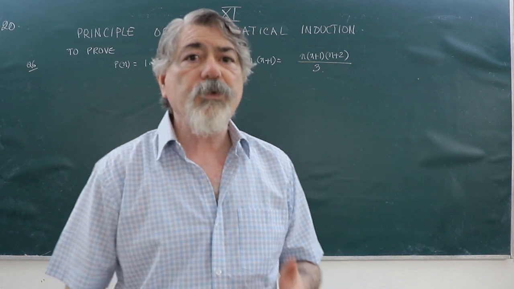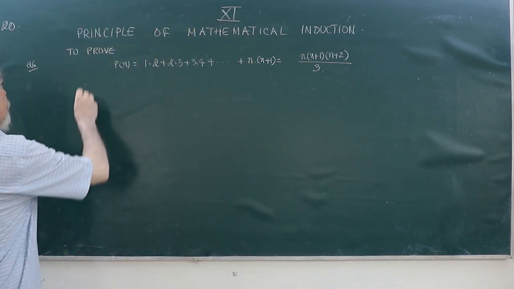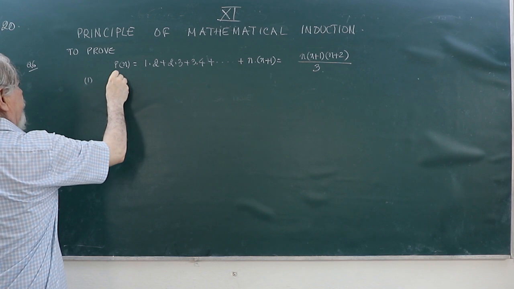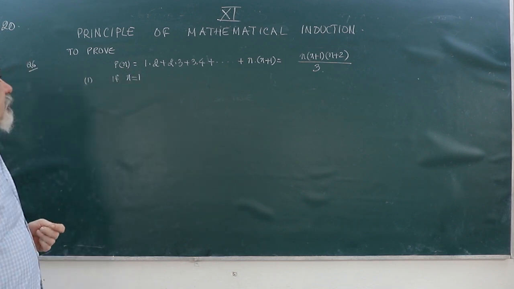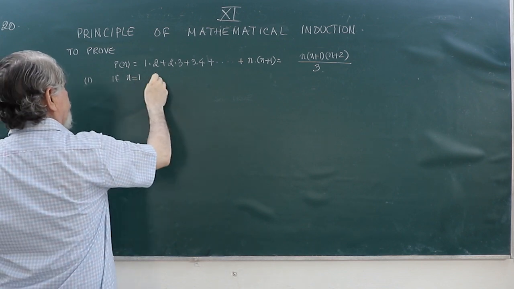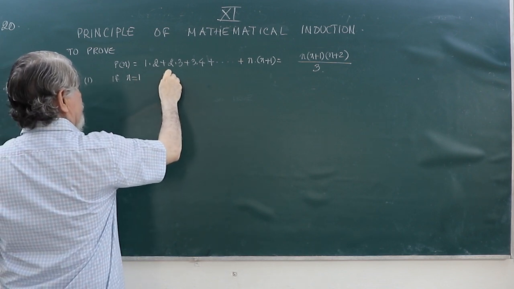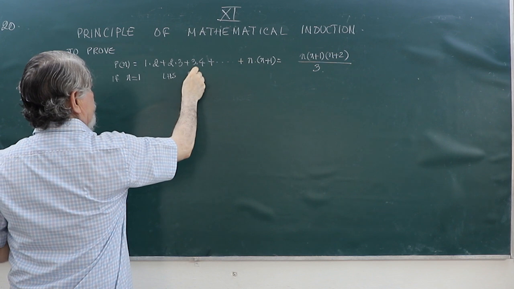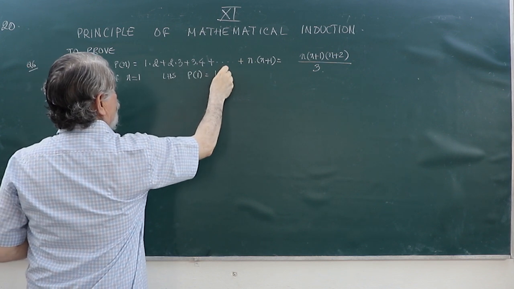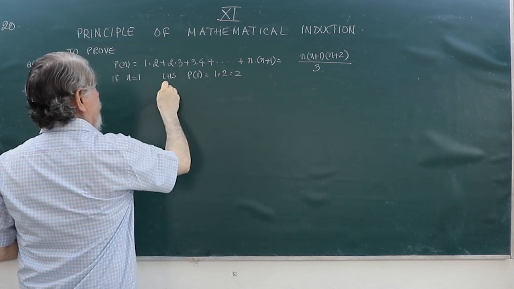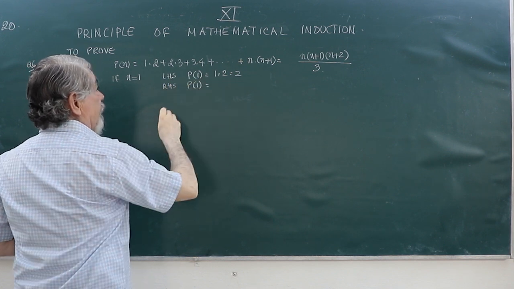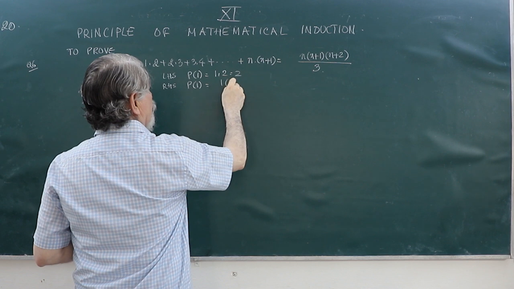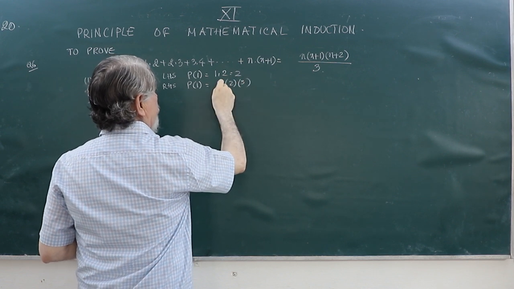Now what do we do? We prove it to be true for n is equal to 1. If n is equal to 1, then P1 left hand side is 1 into 2, that is 2, and right hand side will be, instead of n, I'll write 1 into 2 into 3 upon 3.